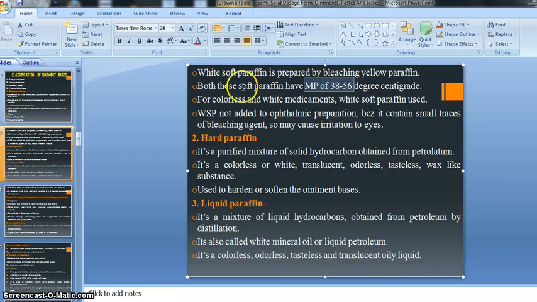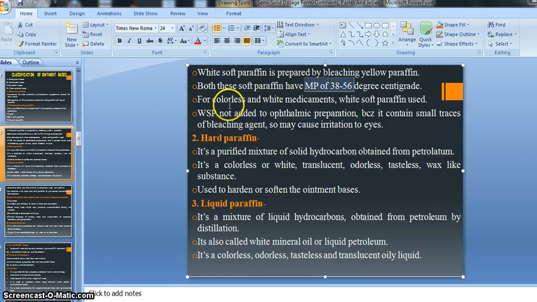This is the melting point, meaning at this degree centigrade, the soft paraffin which is present in the solid form starts converting into liquid, that is 38 to 56 degrees. This is the melting point of our soft paraffin, yellow soft paraffin or white soft paraffin.